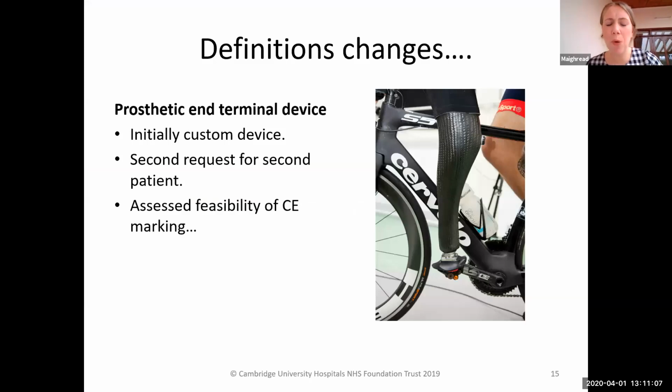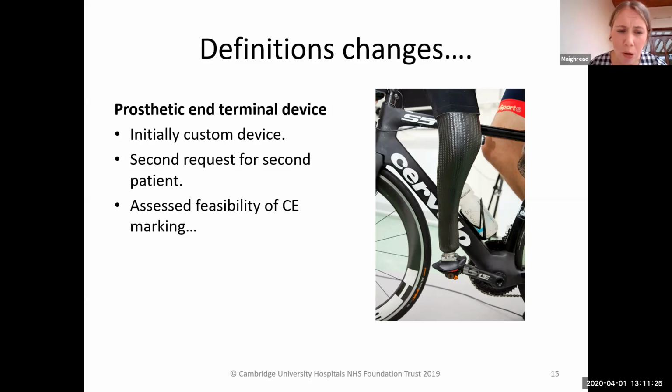I spoke about this already, but we were involved with the design and manufacture of an end terminal for a prosthetic limb. In the first round this project was very much a custom device, designed and manufactured specifically for one patient.